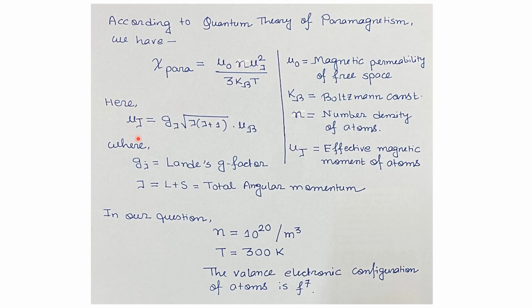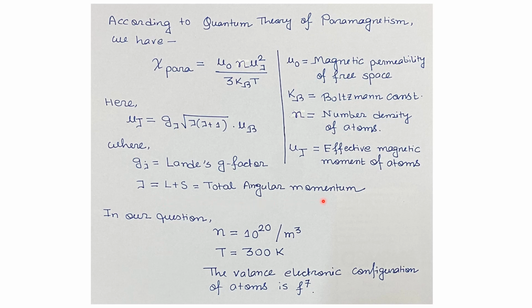Here mu J can be written as gJ times root over J times J plus 1 times mu B, where gJ is the Landé g factor, J is given by L plus S, which is the total angular momentum of the atom.